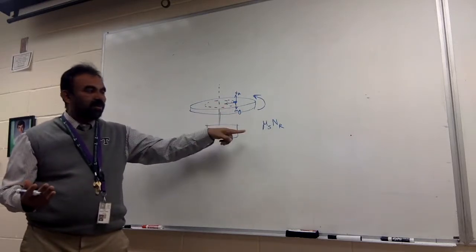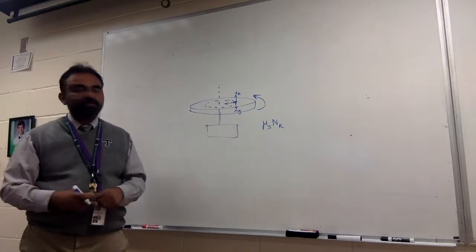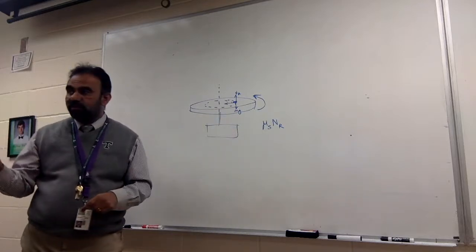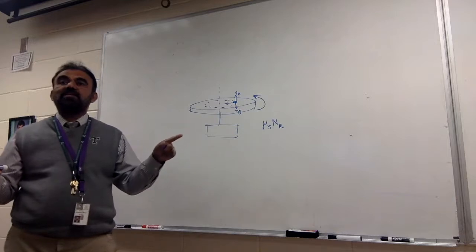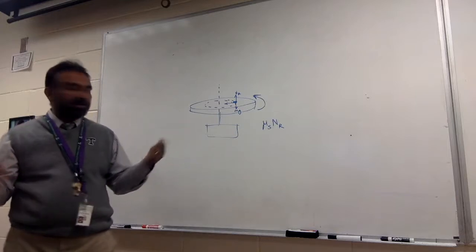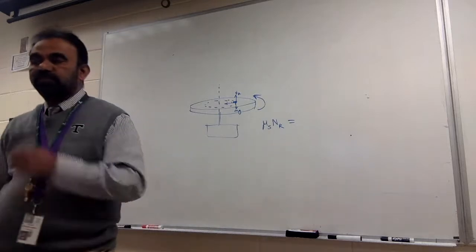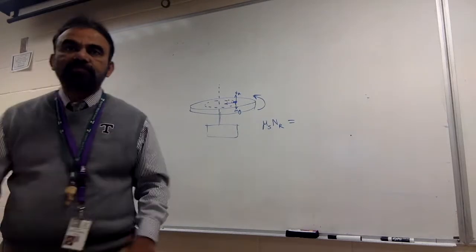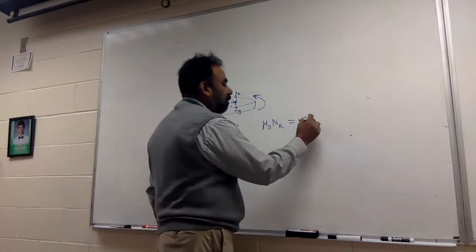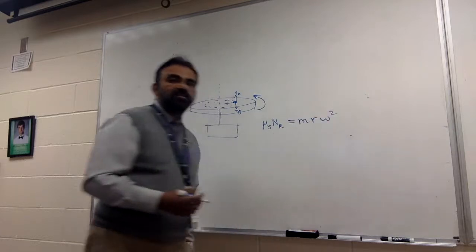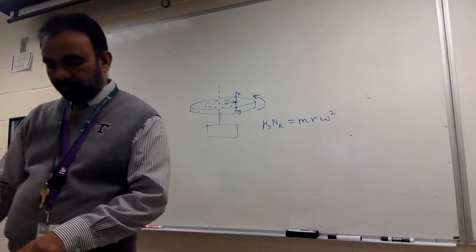So the friction is mu S times NR. Do you understand that part so far? And that is the centripetal force required. And the centripetal force formula in terms of omega is m r omega squared.